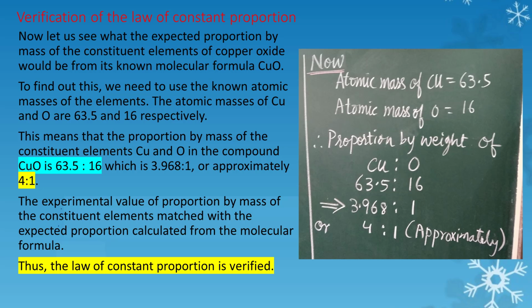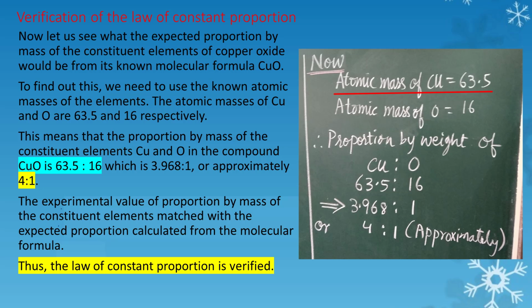Now, let us see what the expected proportion by weight of the constituent elements of copper oxide would be from its known molecular formula CuO. To find this out, we need to use the known atomic masses of the elements. The atomic mass of copper is 63.5.